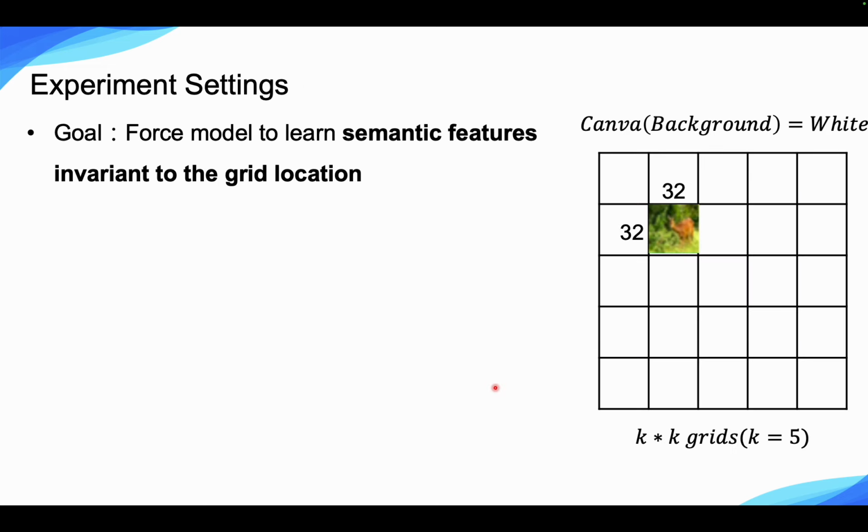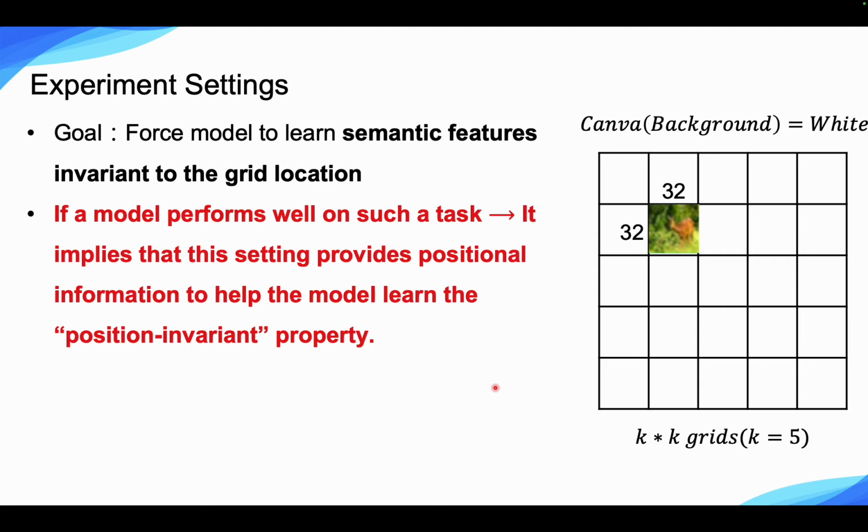The goal of this experiment is to force the model to learn semantic features invariant to the grid location. So if a model can perform well on this task, it implies that this setting provides positional information to help the model learn the position invariant property.